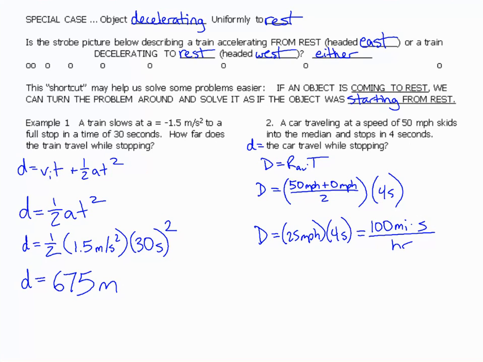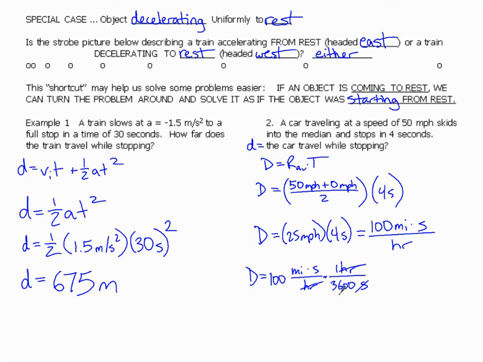And this is an odd unit. We're going to change this to make it into something that makes a little bit more sense. So 100, here's our units. So we are going to change this into terms of meters. So we have to do a couple of things here. 1 hour is 3,600 seconds.